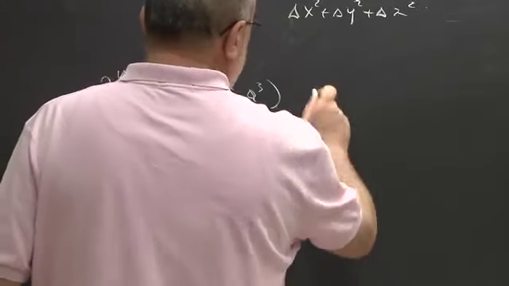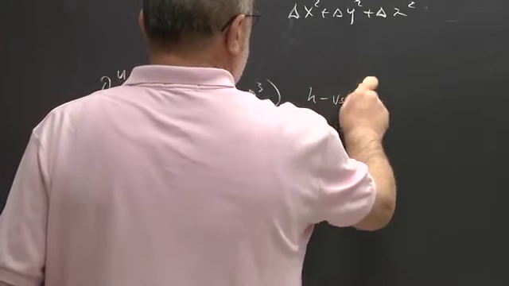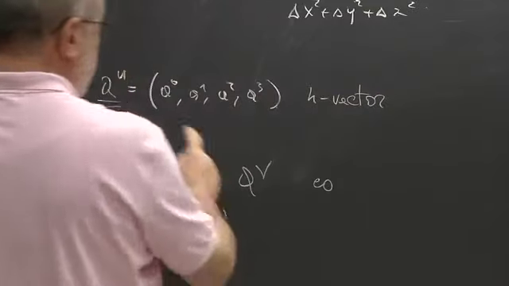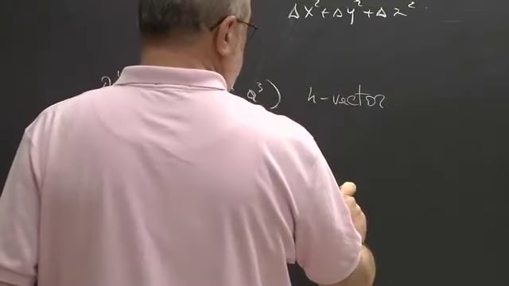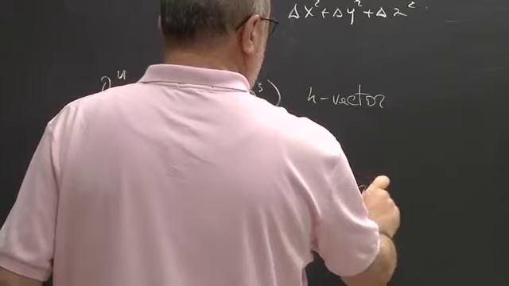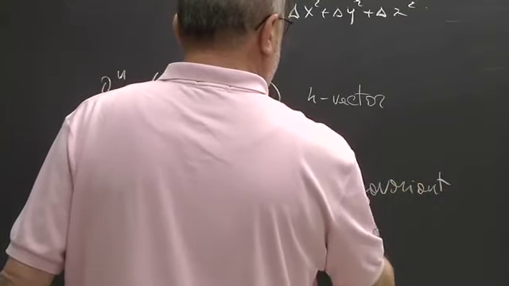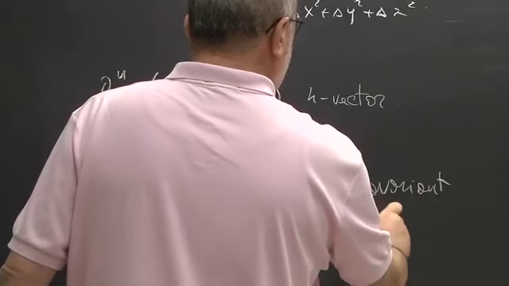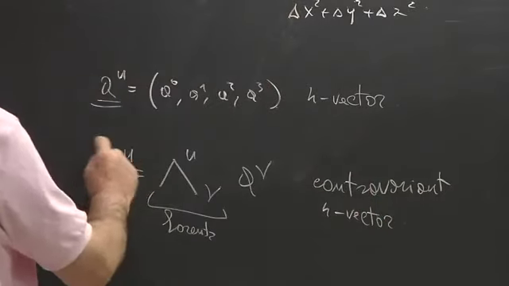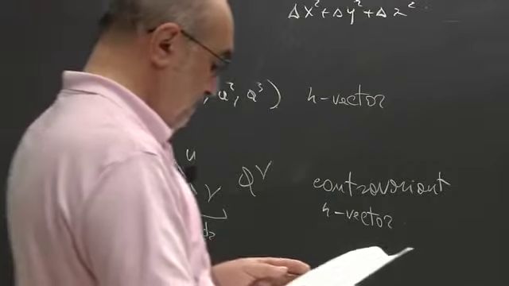So this is a 4-vector, and if it transforms under a Lorentz transformation in this manner, this is called a contravariant 4-vector. Basically, for the contravariant one, we put the index up.